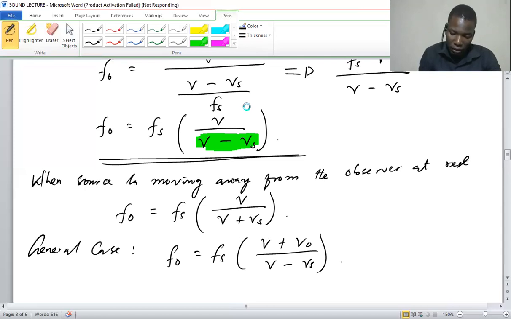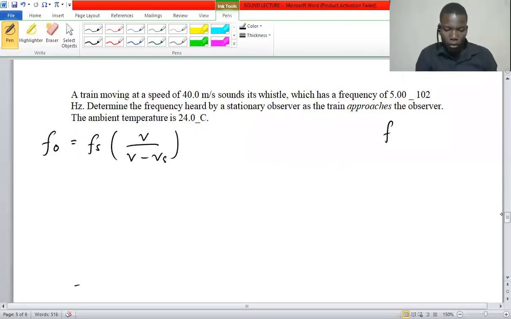Okay, we can solve maybe one example on Doppler effect. So a train moving at a speed of 40 meters per second sounds its whistle, which has a frequency of 5 by 10 to the power 2 hertz.